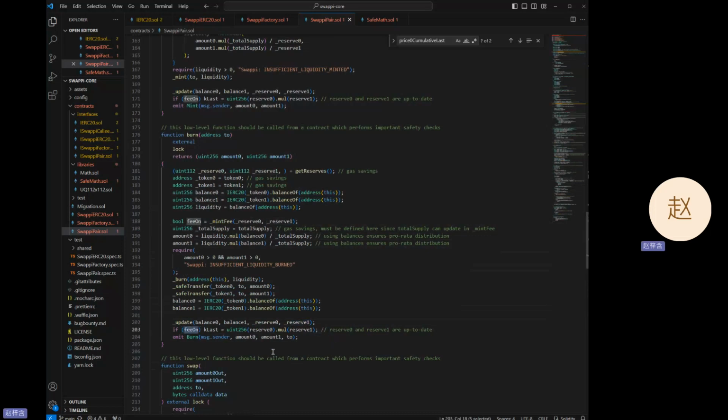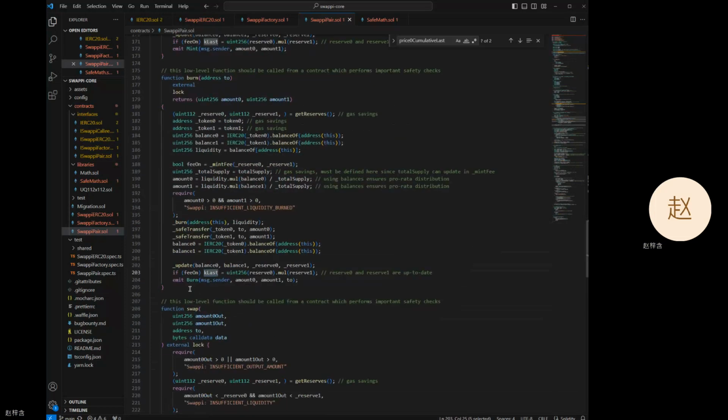And also, if it's minted, we will update the last K in order to mint fee next time, and then we will emit the burn event. So that's for burn.